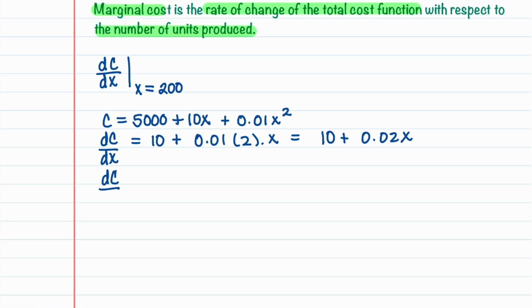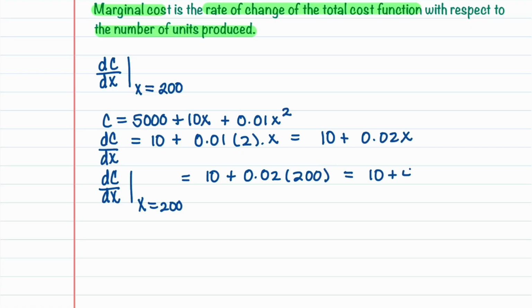So dC/dx when x is 200 is equal to 10 plus 0.02 times 200. And this is equal to 10 plus 4. So we get an answer of 14, and now we need units.